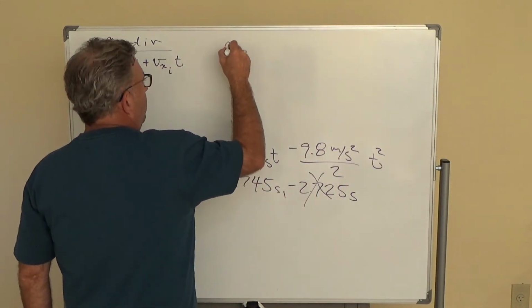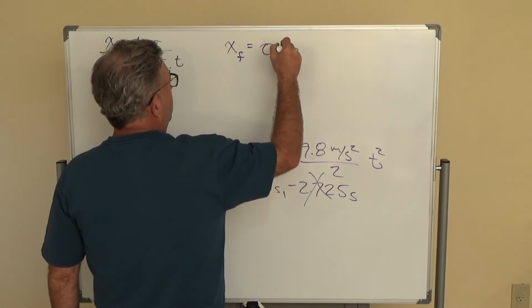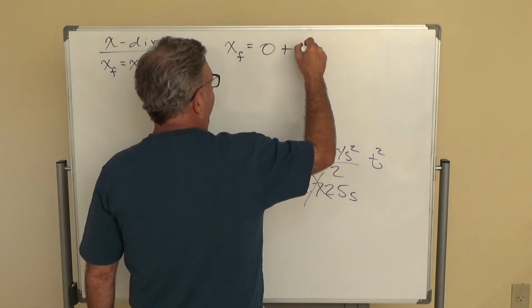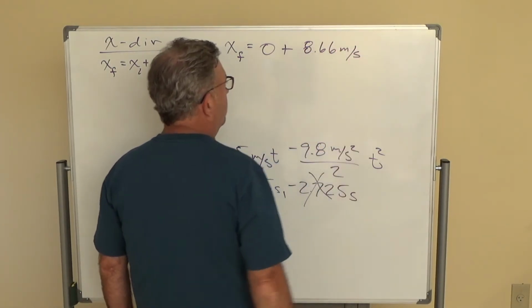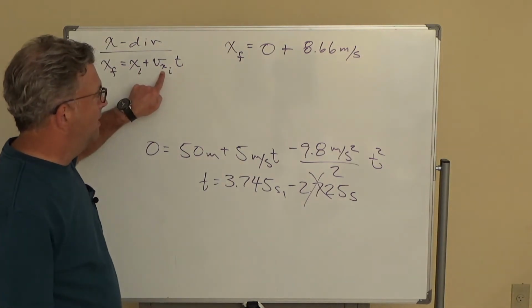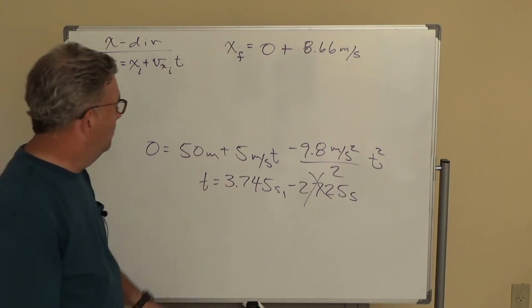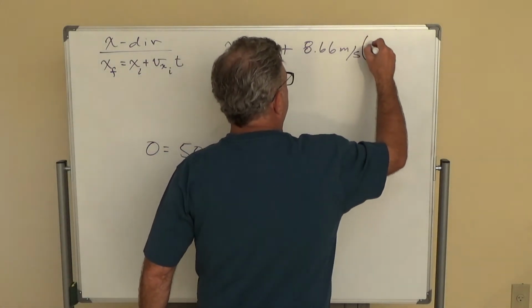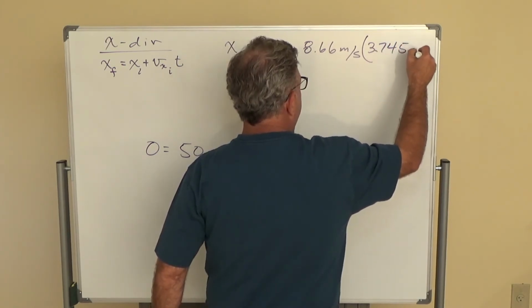So x final is equal to x initial, which is 0, plus 8.66 meters per second. We figured that out earlier. That's Vx initial multiplied by the time of flight, 3.745 seconds.